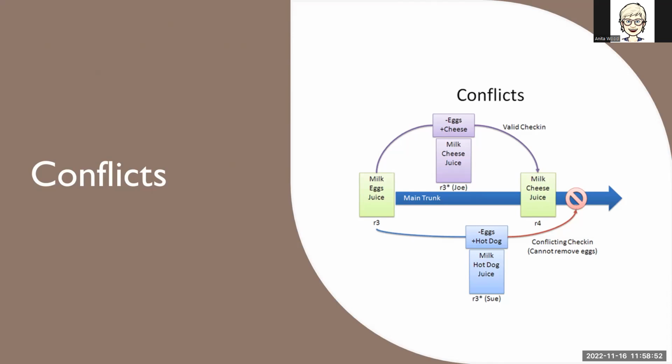So you have a couple approaches. Reapply my changes. So I can sync to the latest version and reapply my changes to the file. So I can go and get Joe's, if I'm Sue, and then add the hot dog to the list that already has the cheese. Or I can override the changes with mine. So I can say, sorry, Joe, you're not getting cheese.